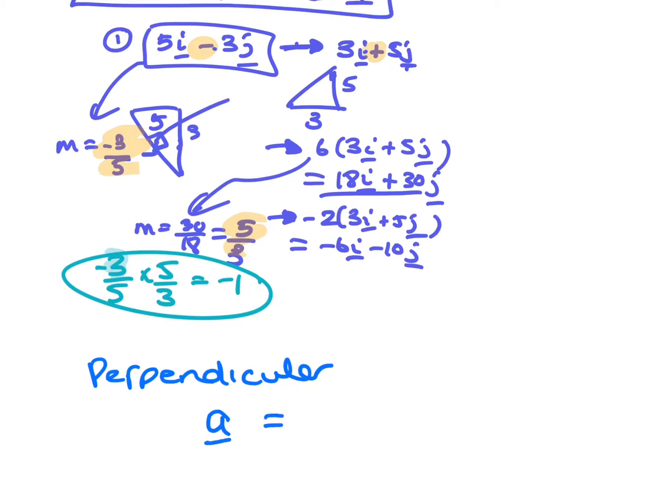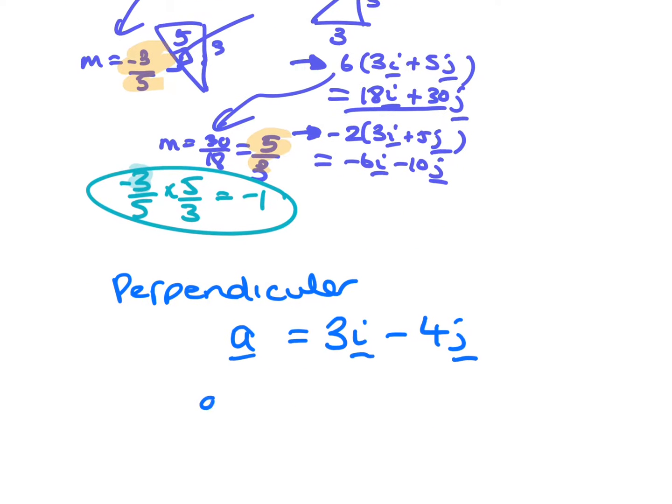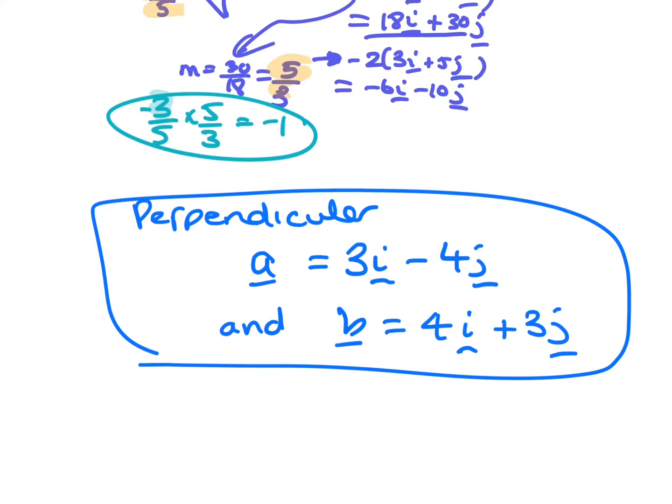So for example, if I had A equals 3i minus 4j and B equals 4i plus 3j, then to prove that they are perpendicular, A dot B will be 3 times 4, plus minus 4 times 3.